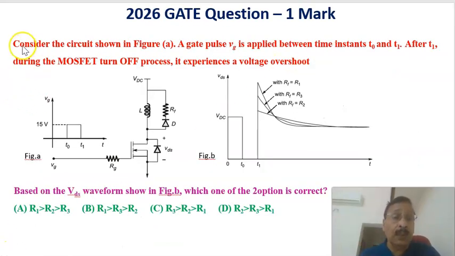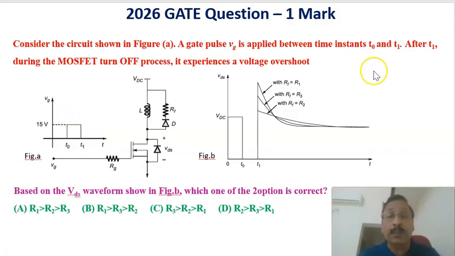Now let us see another problem, a 2026 GATE question, that also carries 1 mark. Consider the circuit shown in the figure. A gate pulse Vg is applied between the time instants T0 and T1.